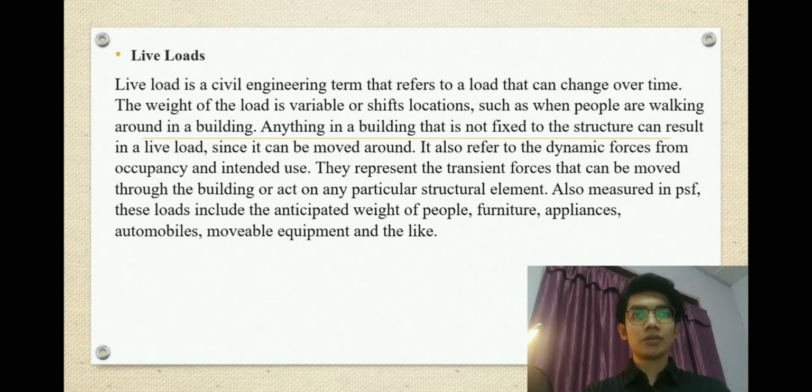Since it can be moved around, it also refers to the dynamic force from occupancy and intended use. They represent the transient force that can be moved through the building or act on any particular structural element, also measured in PSF. This load includes the anticipated weight of people, furniture, appliances, automobiles, movable equipment, and the like.